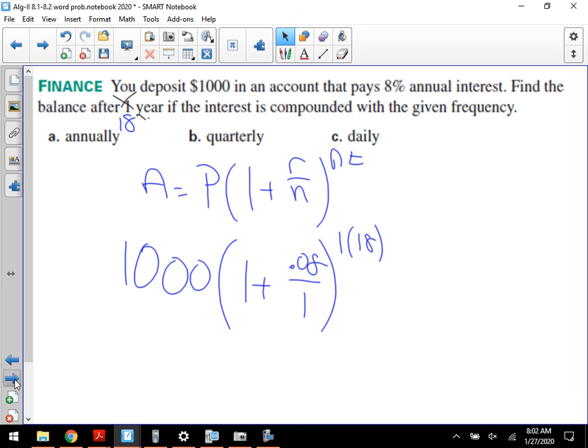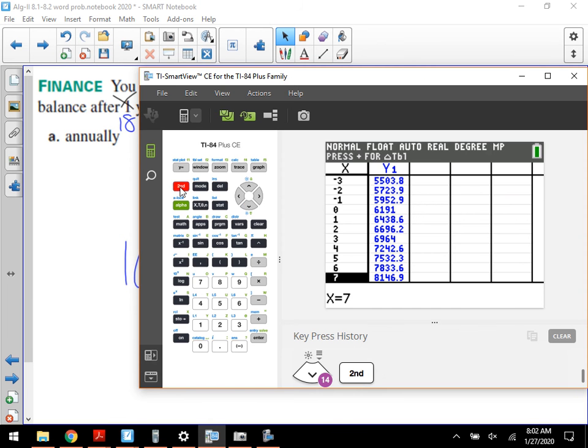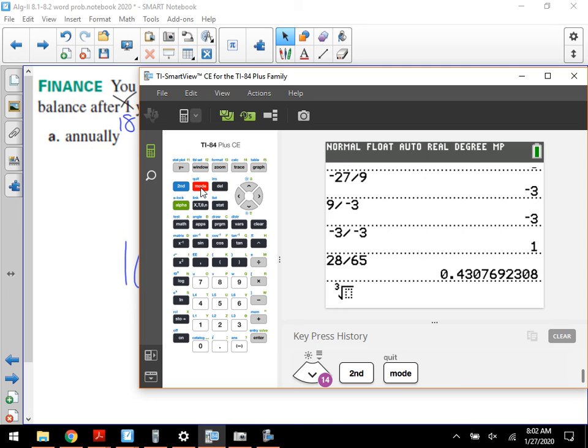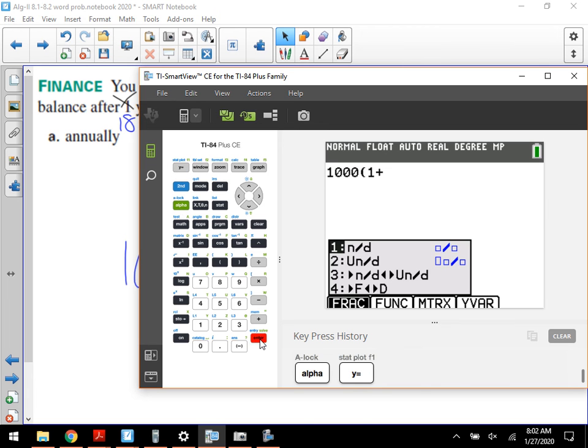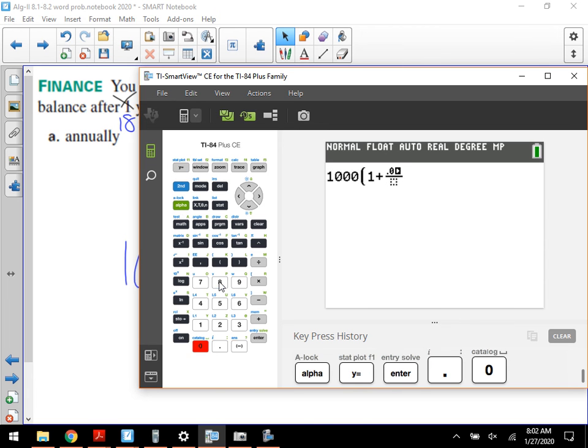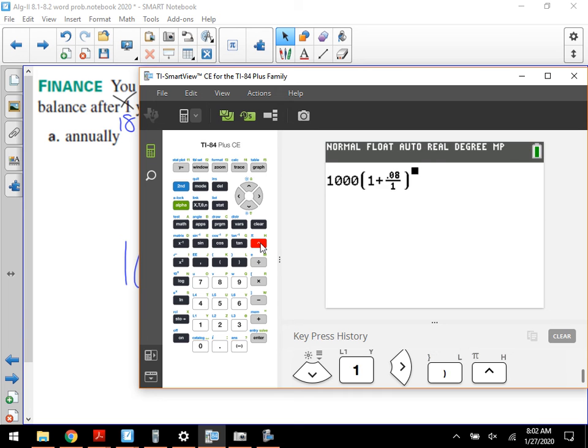Now, when we type this one in, we're going to use our fraction bars, parentheses, and everything. So it's 1,000, parentheses, 1 plus 0.08 over 1, parentheses, to the 1 times 18.